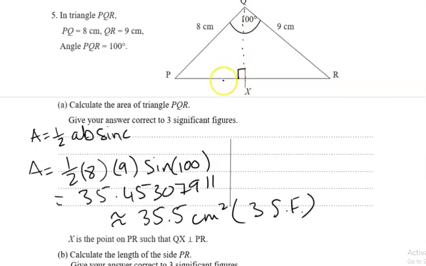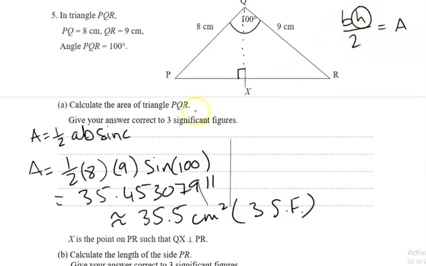Now, how are you going to work out the vertical height? Now, you have to think outside the box. If I have the area over here, 35.5, and that's the area of this whole shape, can I not do base times height divided by 2 equals area? And I just need to work out the value of h.